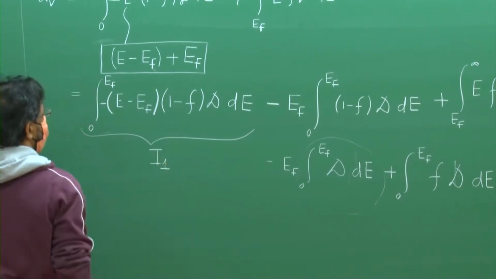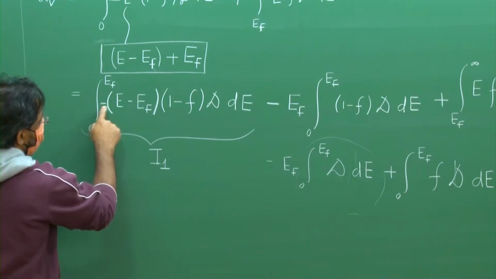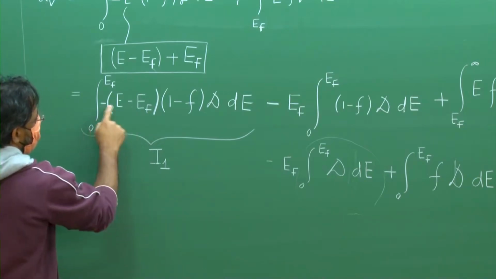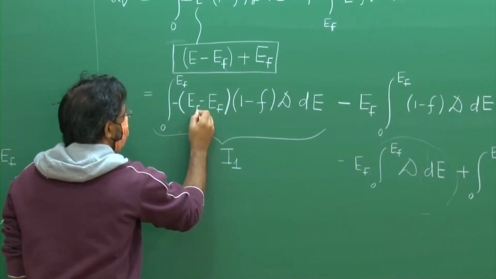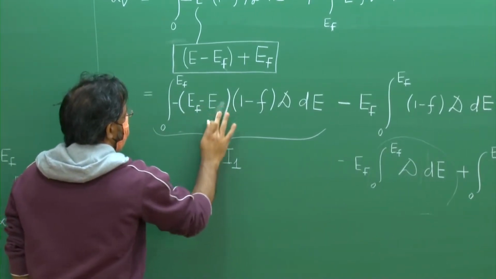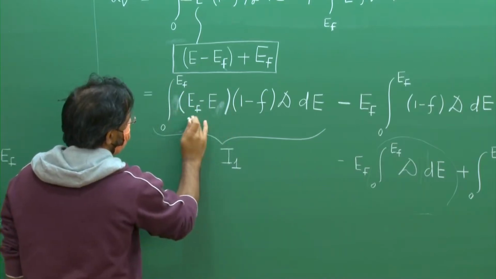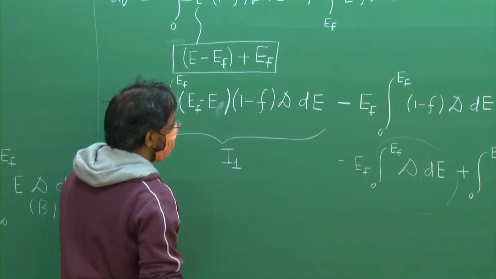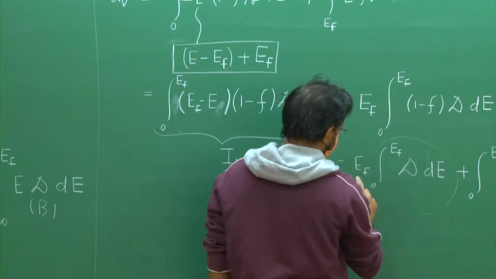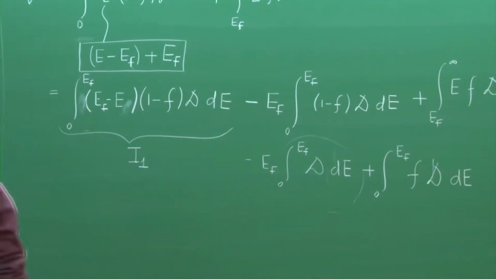Let me call this integral I1. Okay, and let me also make one little change. I can take this minus sign inside, in which case this will become EF minus E, right? So my I1 integral is now EF minus E times 1 minus F d dE, minus EF times n, plus that and plus that. Okay.